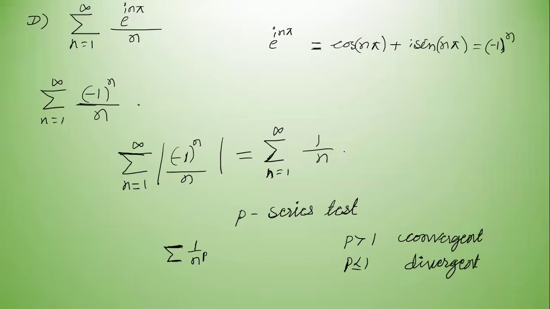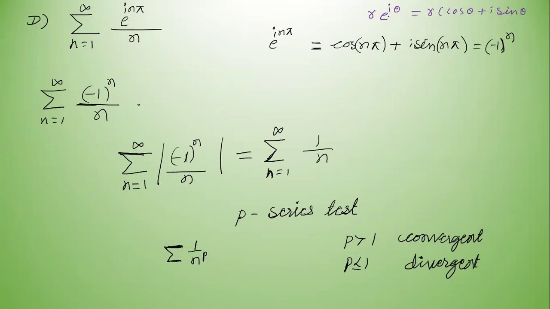Next, option D, summation n equals 1 to infinity e raised to i n pi divided by n. We know that e raised to i theta, in polar form, we can write it as r (cos theta plus i sin theta).